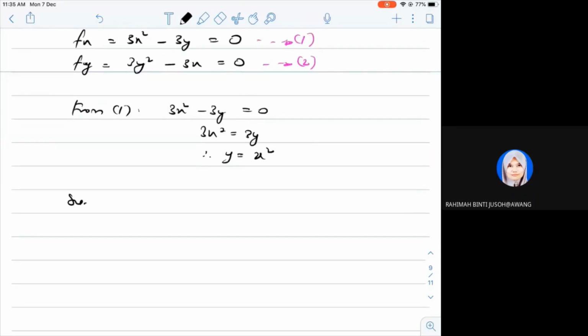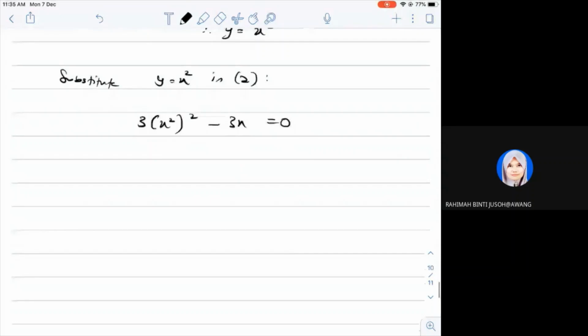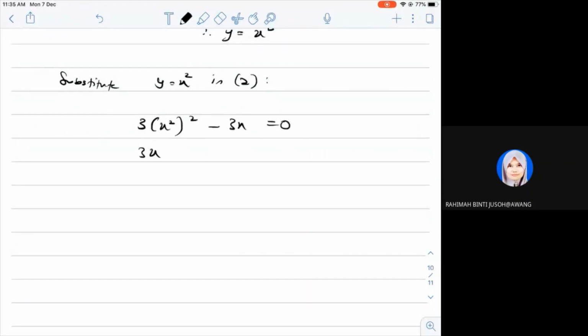Okay, so substitute y equals to x squared into 3y squared minus 3x equals to 0. So we will have 3x to the power of 4 minus 3x equals to 0.